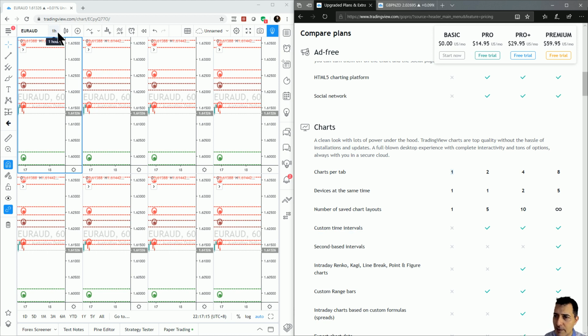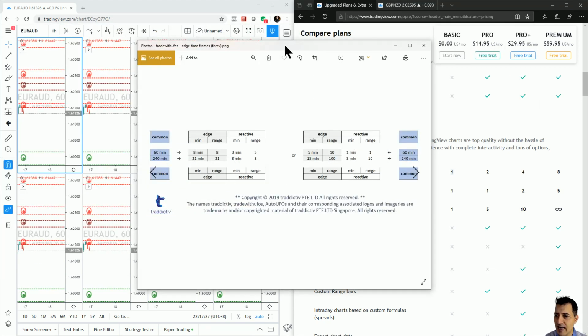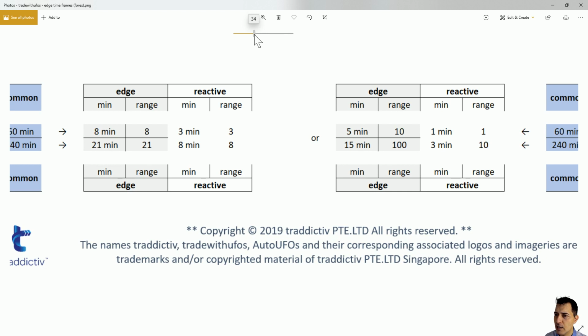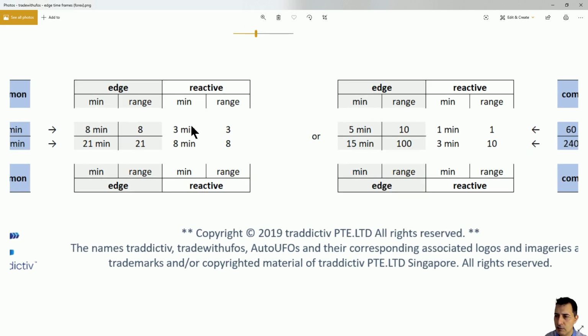So if you think about, let me bring that from the get together sessions. Okay, so for example, if I bring in Forex, just to pick one. Okay, so if we look at the time frames that we utilize, let me zoom in. Here we go. So what do we say?